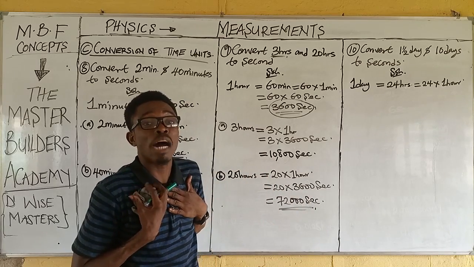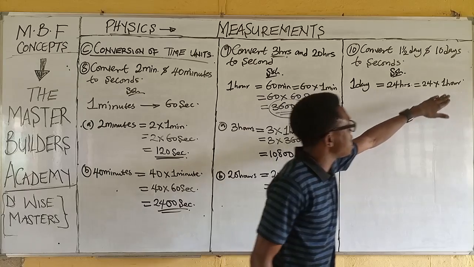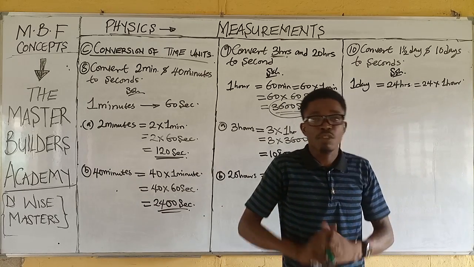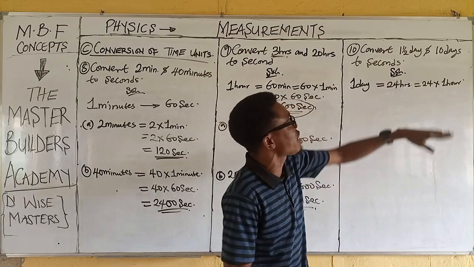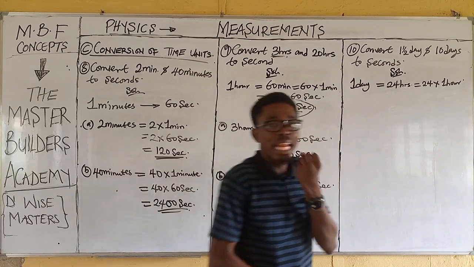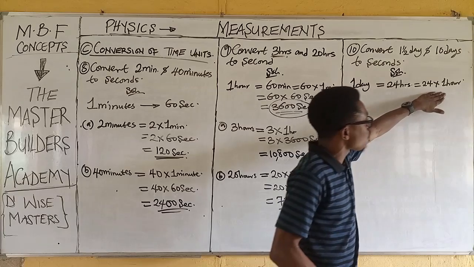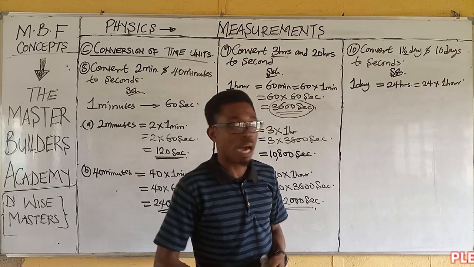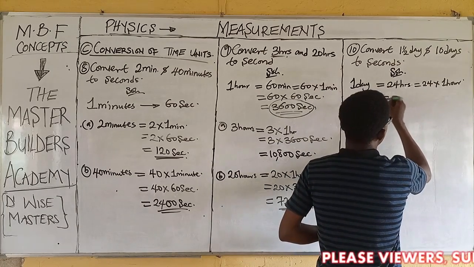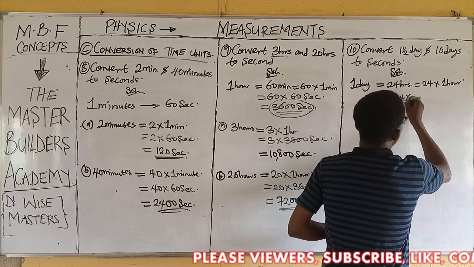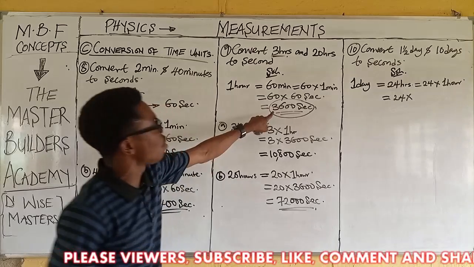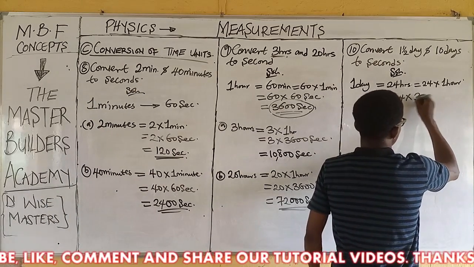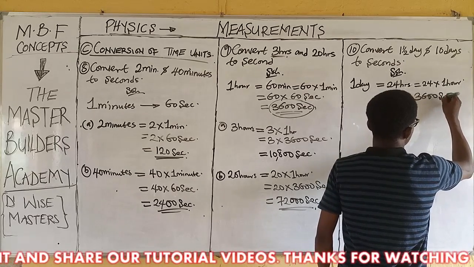If I don't want to do it that way, if I already know what 1 hour is in terms of seconds, then I can just multiply. Based on what we have done so far in this class, we already know what 1 hour is. So all we just need to do now is to substitute the value for 1 hour. Automatically, this will have given us 24 multiplied by 1 hour in terms of seconds, which is 3,600 seconds.